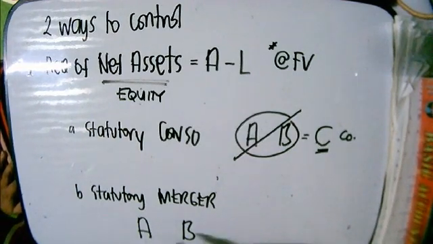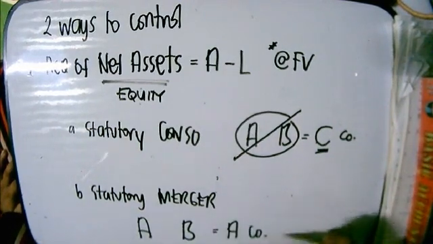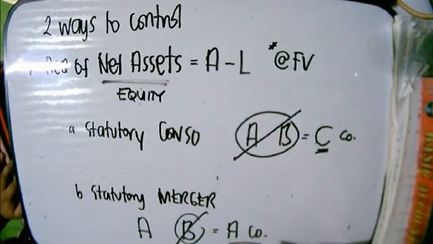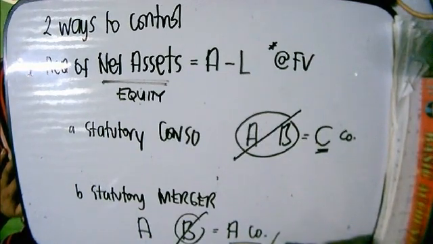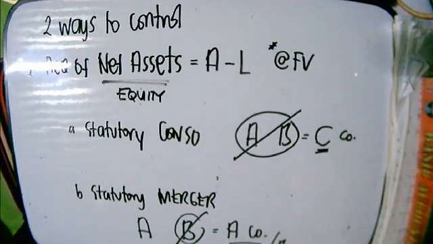So, ang magiging result niyan kapag nag-merge sila, say, A company ang magsa-survive. So, ang tawag sa kanya, sole surviving entity. B ceases to exist, but still, B company can be a division of the surviving entity. So, ganun ang statutory consolidation and statutory merger.